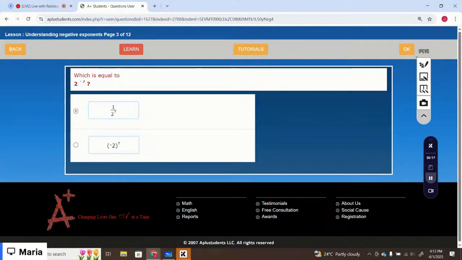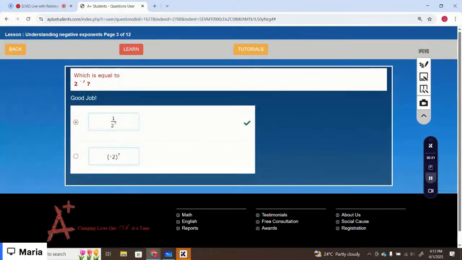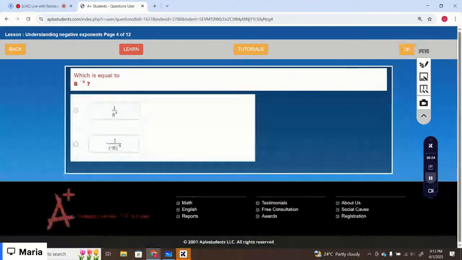Option number 1 is the correct option. Which is equal to 8 exponent negative 6? Option number 1 is the correct option. Very good.